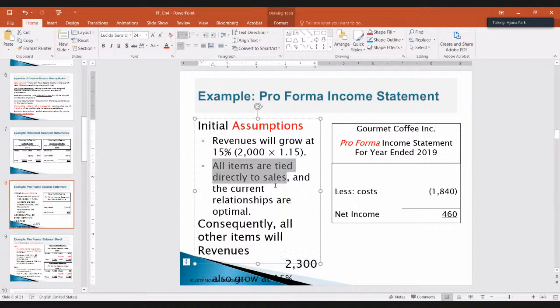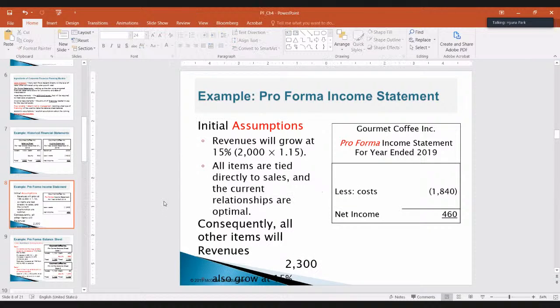All items tied directly to sales grow at 15%. So start with the sales forecast assumption and try to think about what to do with other items in the balance sheet and income statement and determine which one grows at the same rate, 15%, and which one is not.